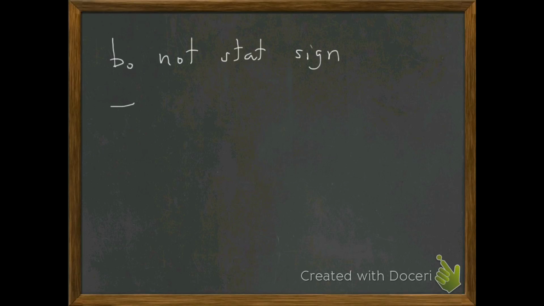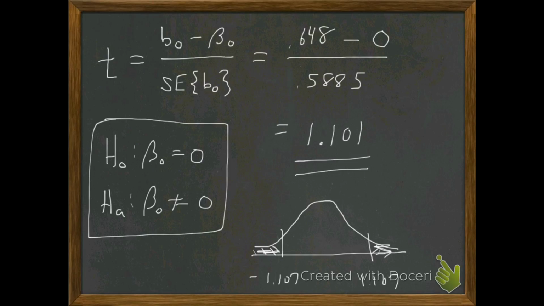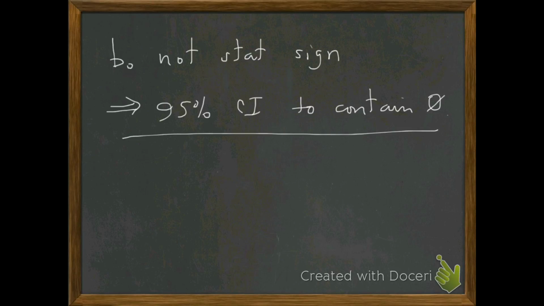So just an aside, we're expecting our 95% confidence interval to contain 0. We didn't reject that beta 0 is equal to 0. And so we're going to expect to get this. So guys, again, our point estimate here is 0.648.